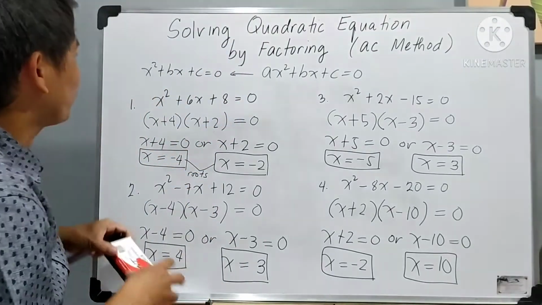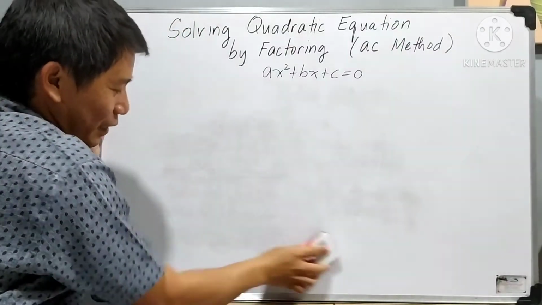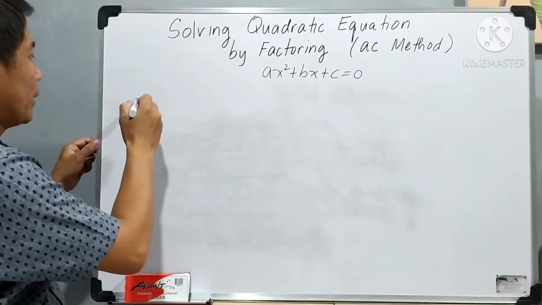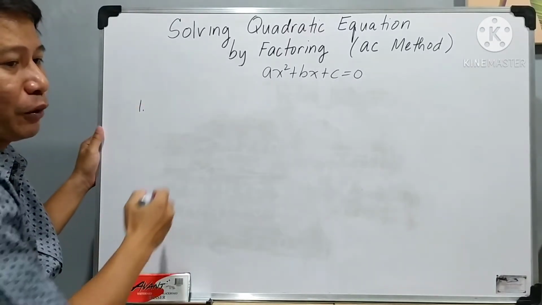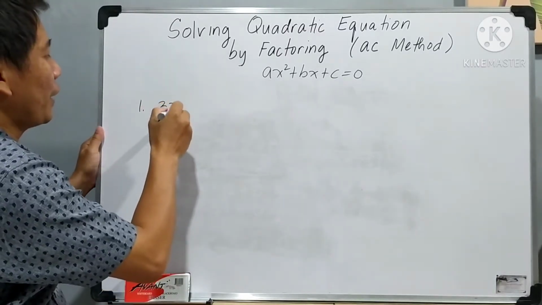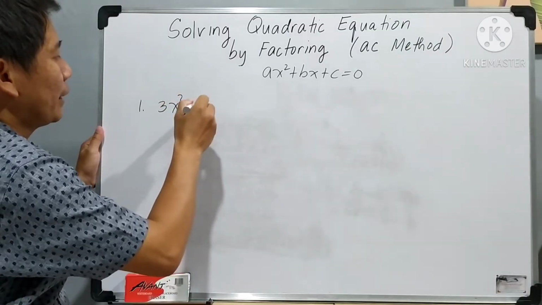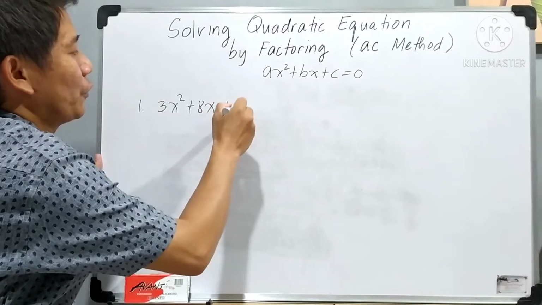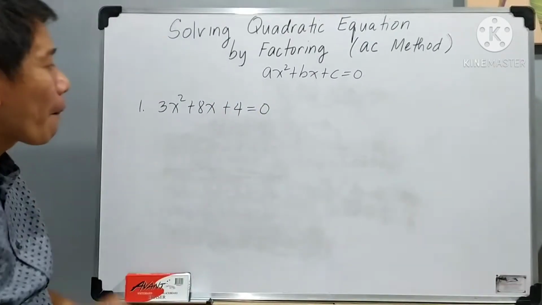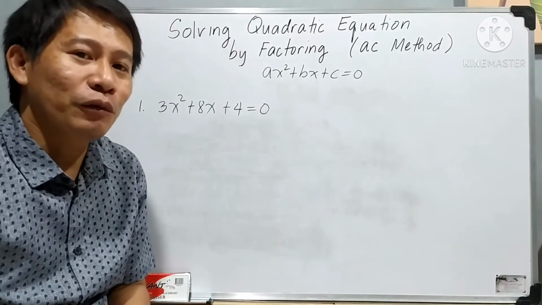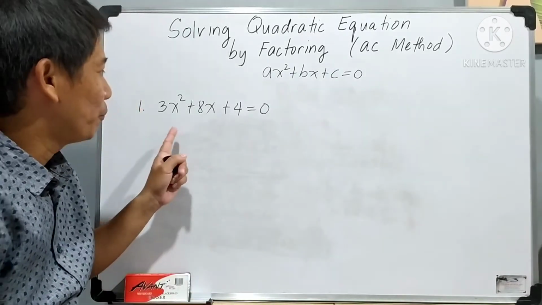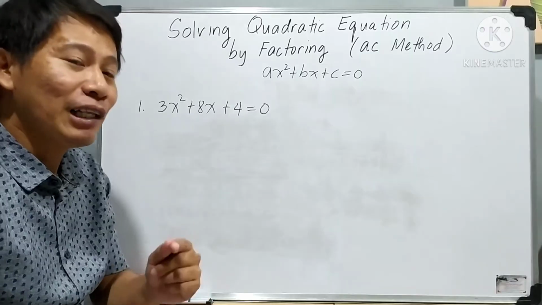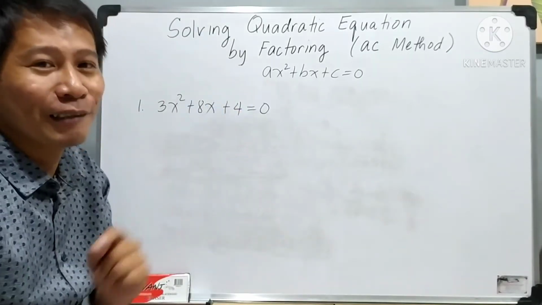Let's take this. Okay, ayan, na-erase na natin ang board. So, let's have an example for this. Suppose we have here 3x squared plus 8x plus 4 is equal to 0. Ngayon, kung i-compare natin ito dun sa previous examples natin kanina, ang value ng a natin, hindi na 1.